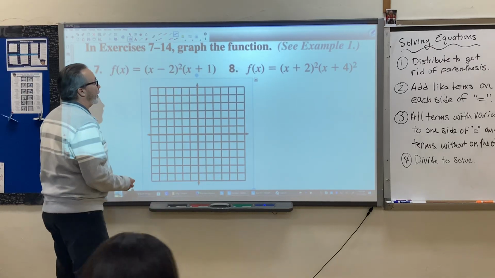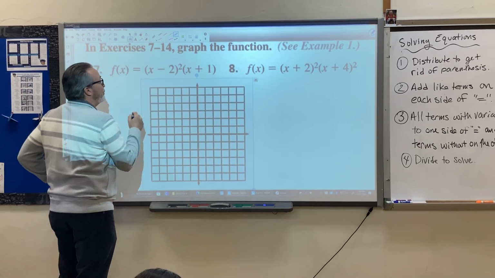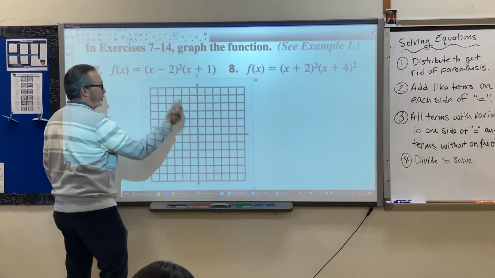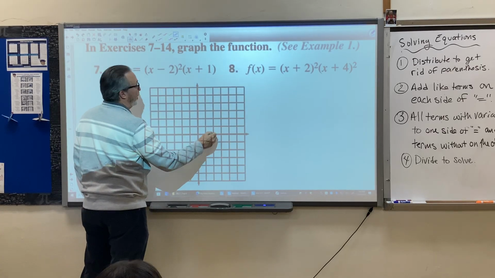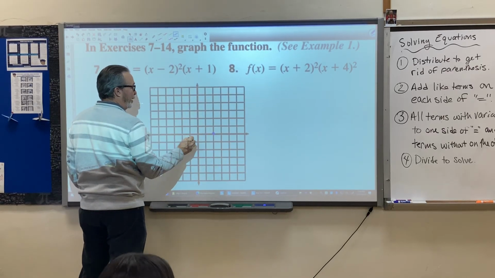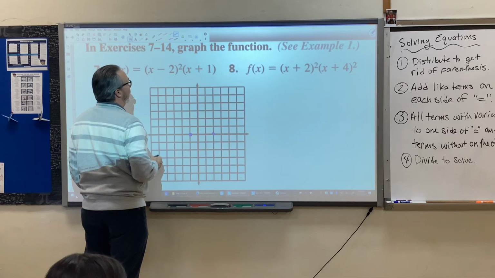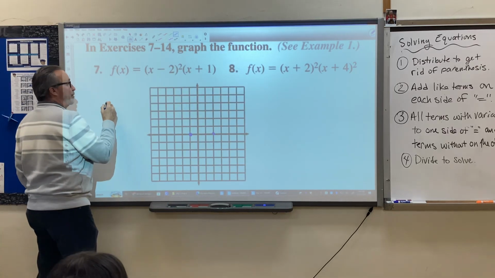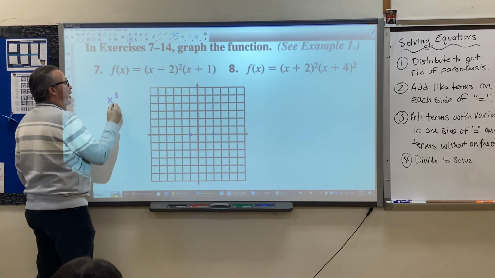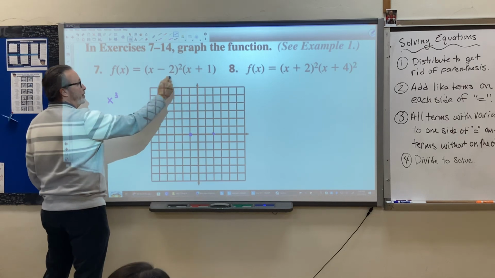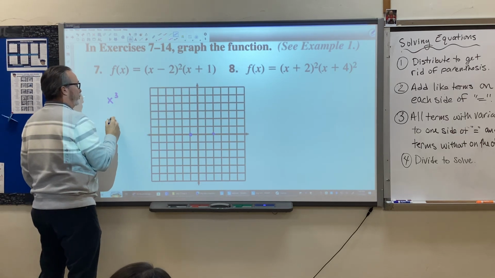So, the zeros are positive 2 and negative 1. The leading term is x to the third, and the last term is 4.